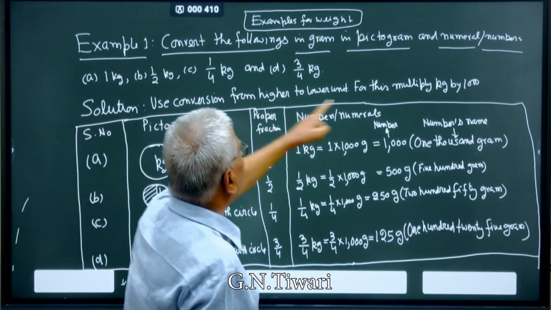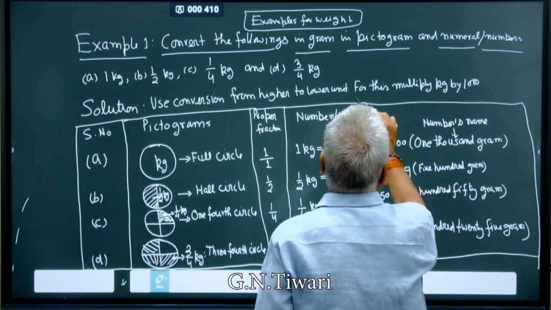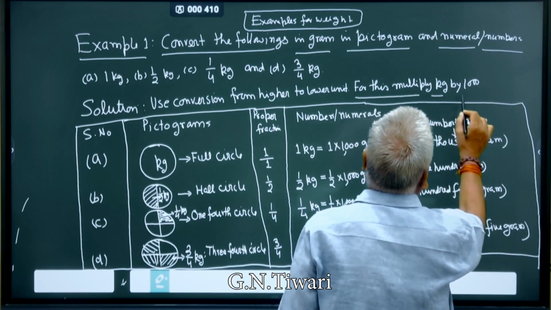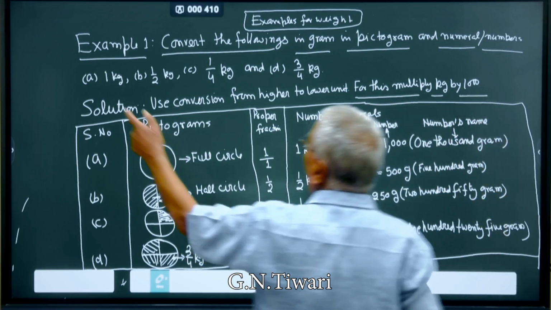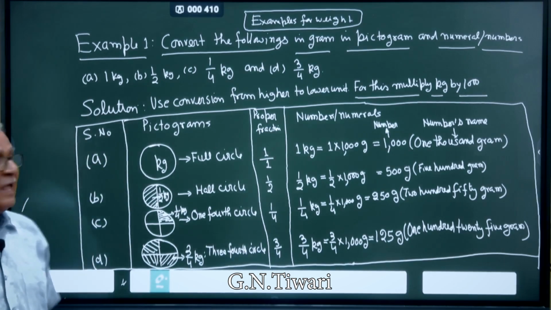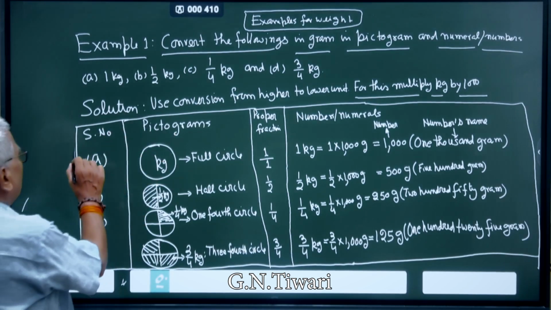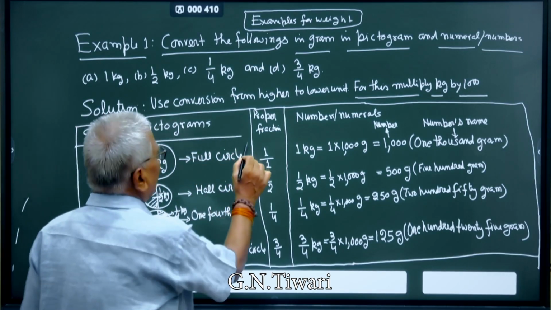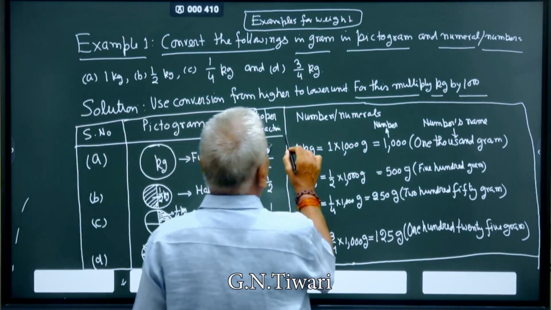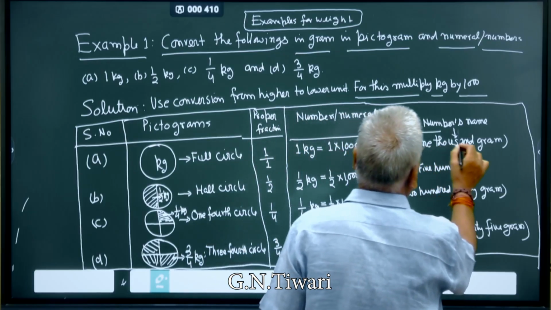So solution: use the conversion table, multiplying kg by 1000, because all are in kg. Just say I have taken the 4 examples. I'm putting pictogram. Just see, you mention it is a pictogram, it is a proper fraction, it is a number, then it is number and number's name.